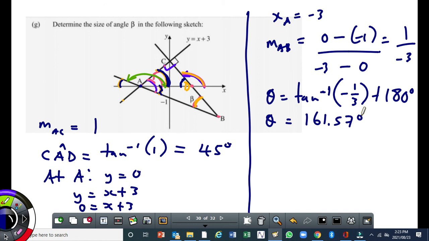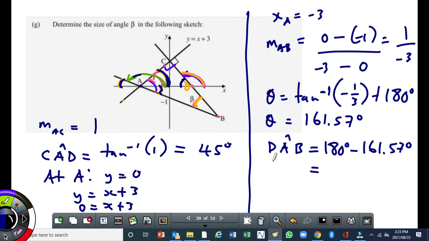So once you find this whole angle here, I can subtract it from 180 degrees and I'll get the size of that. Which means I can say DAB is going to be 180 degrees minus 161.57 degrees.